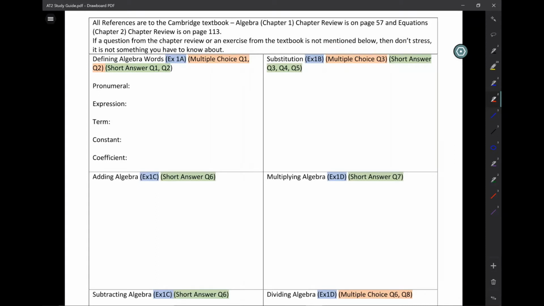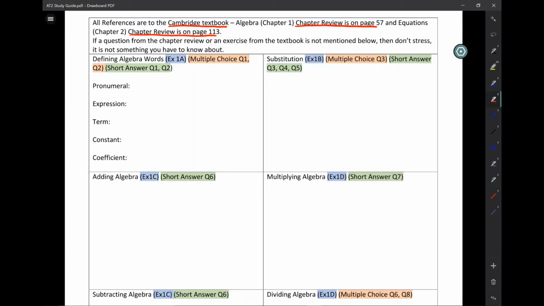There's a little bit of information here at the top of the page that tells you where to find the chapter reviews in the Cambridge textbook. That's important. Everything on this document refers to the Cambridge textbook, okay? That's the one that we get PDFs on iLearn.